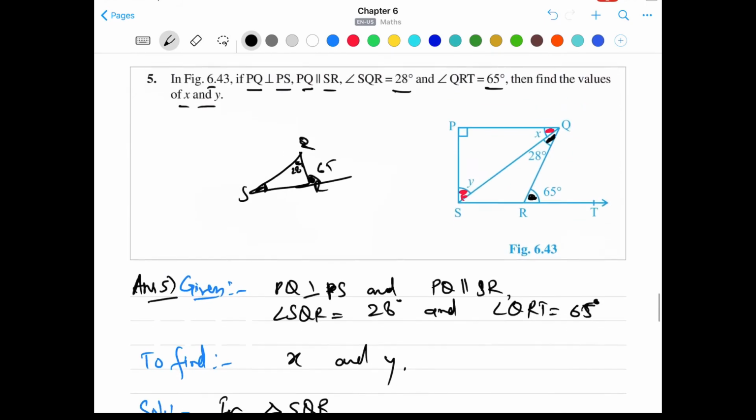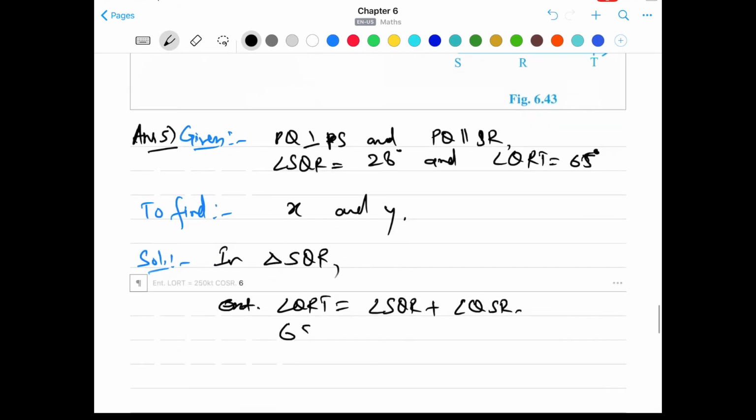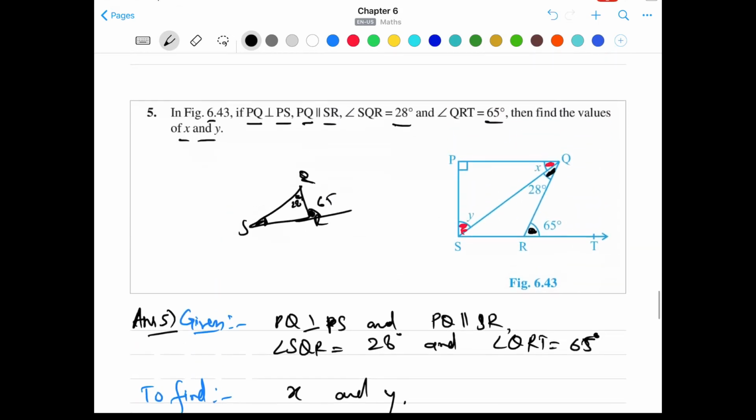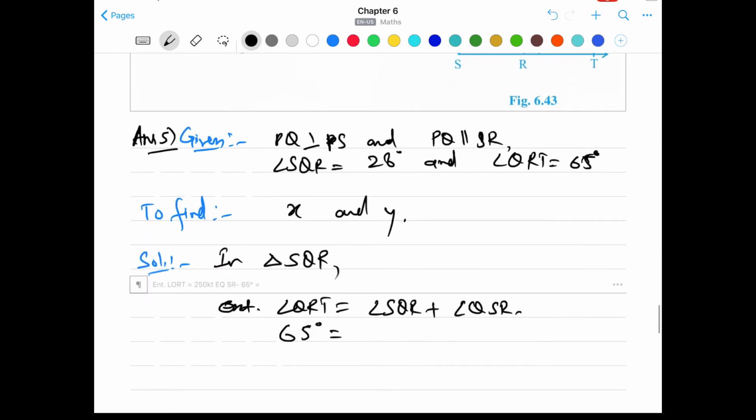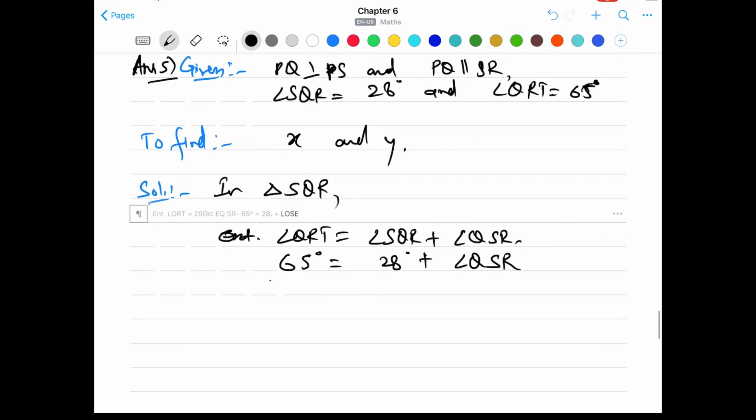Exterior angle QRT is given, which is 65 degrees. Angle SQR is also given, which is 28 degrees, and from here we can calculate the value of angle QSR.